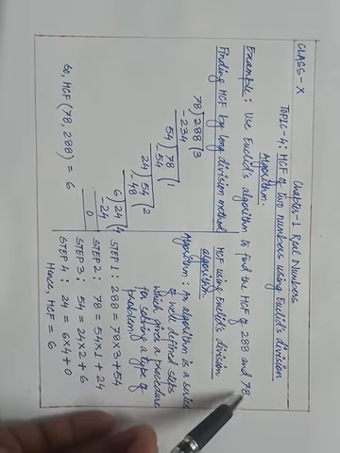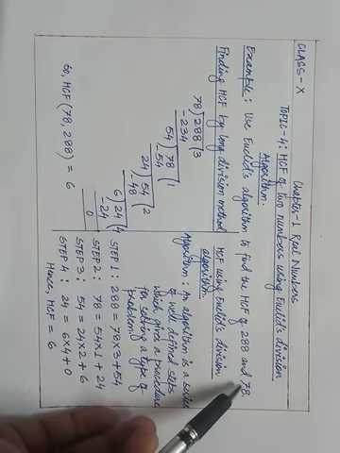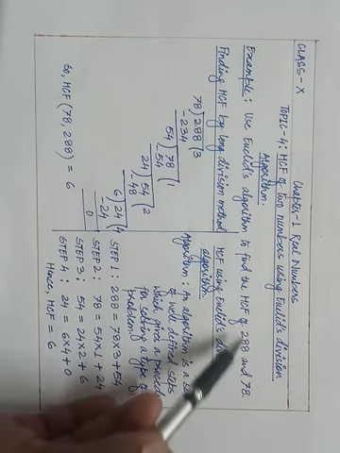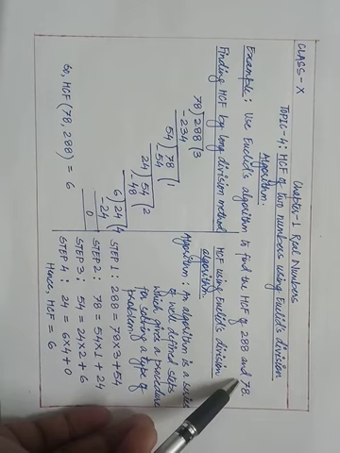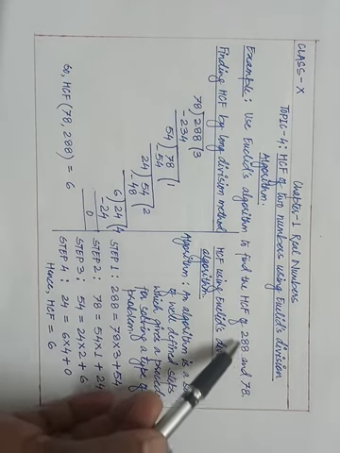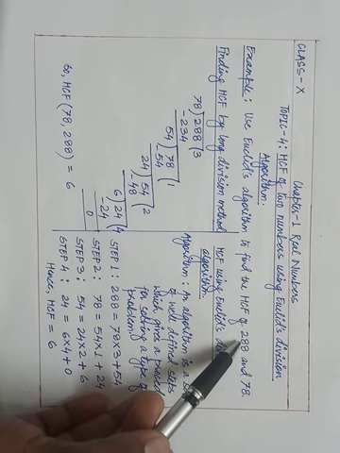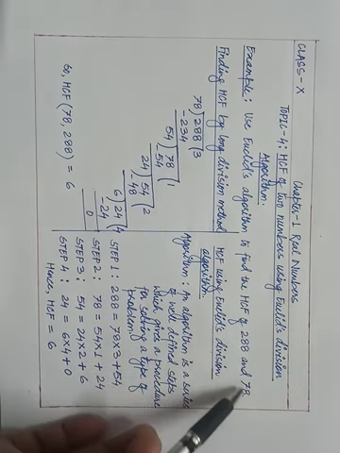We can see these two numbers are divisible by other numbers also, like 1. 1 is a factor of each number. These two are even numbers, so they are divisible by 2 also. We can check the divisibility rule of 3. If I add all these digits, this would be 18, this would be 15.